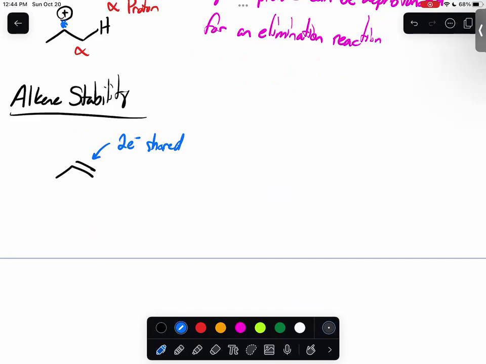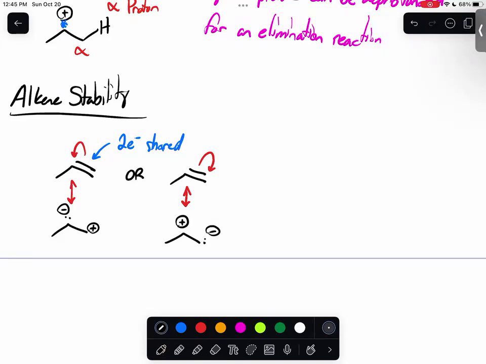Because in the case of this alkene, we can actually draw resonance forms. We can draw a resonance form here where we bring the negative charge and put it right here, and then we put a positive charge right there. Or we could also draw a resonance form in the opposite direction, where we put a positive charge on that carbon and a negative charge on that one.